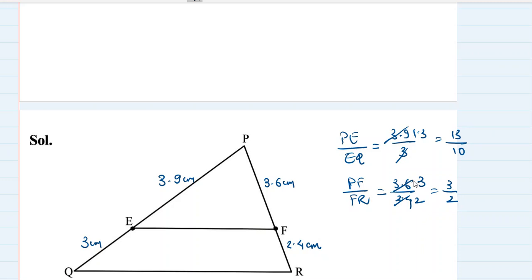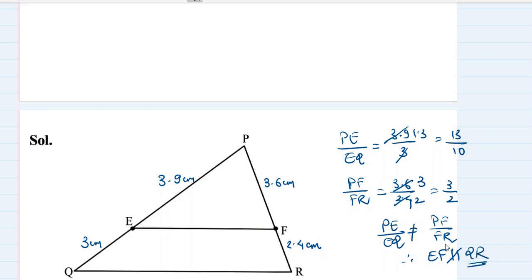So PE upon EQ is 13 by 10 and PF upon FR is 3 by 2. So PE upon EQ is not equal to PF upon FR. Therefore, EF is not parallel to QR.